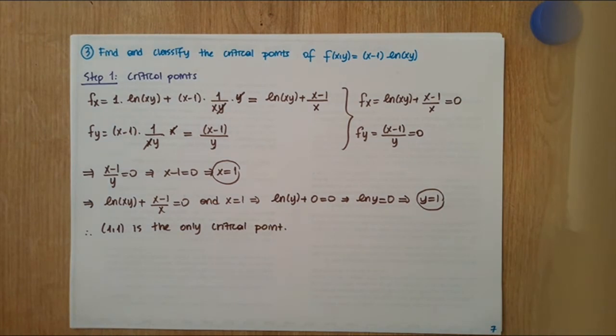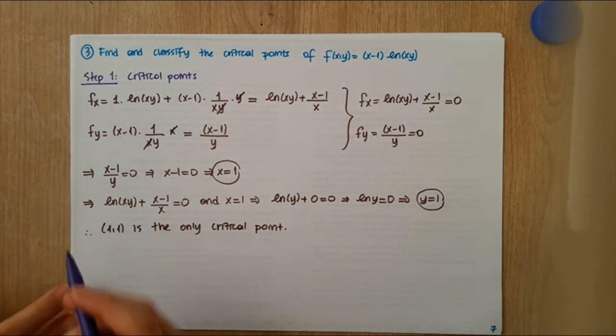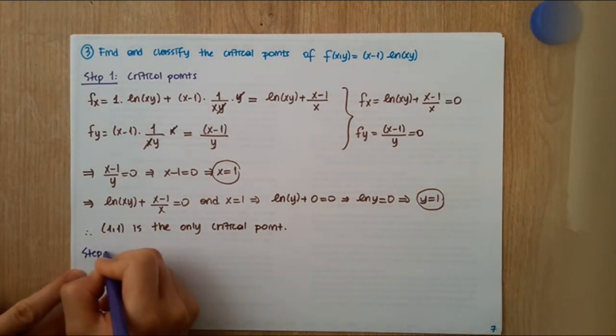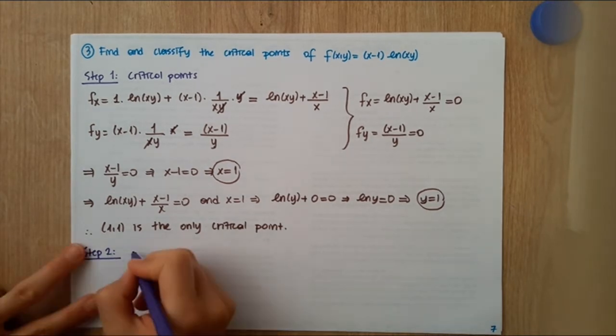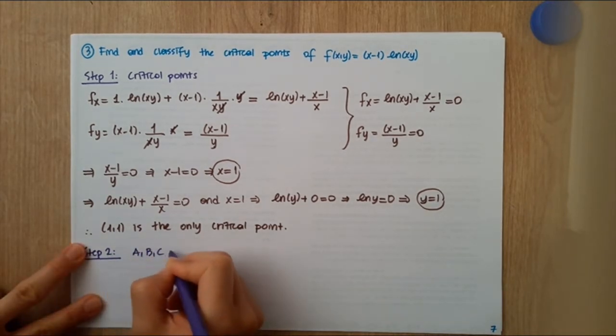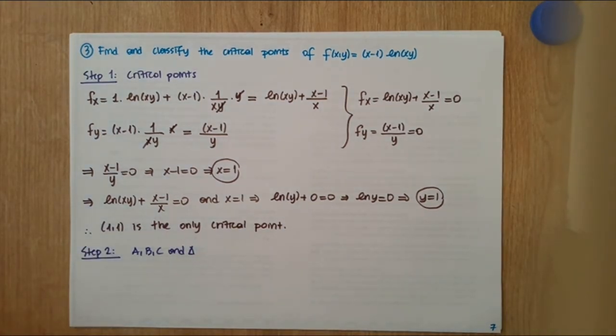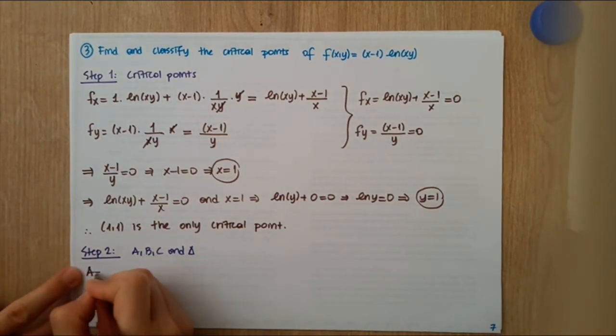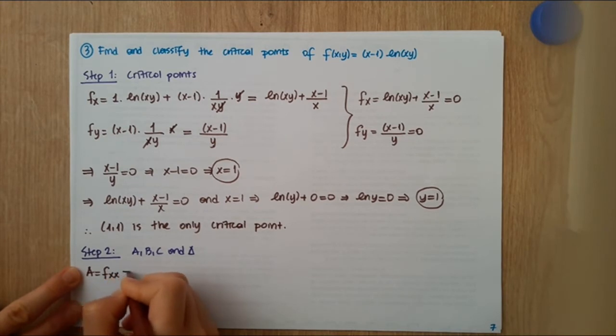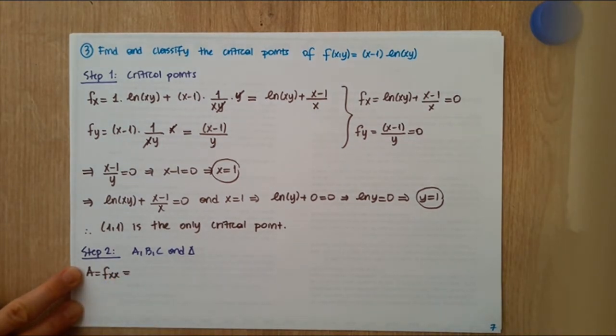Okay. If it is the only critical point, it's time to calculate A, B, C, and delta. Okay, A, B, C, and delta. Calculation of those values. So A is the second derivative of this function with respect to x, and we will evaluate it at (1, 1) later.